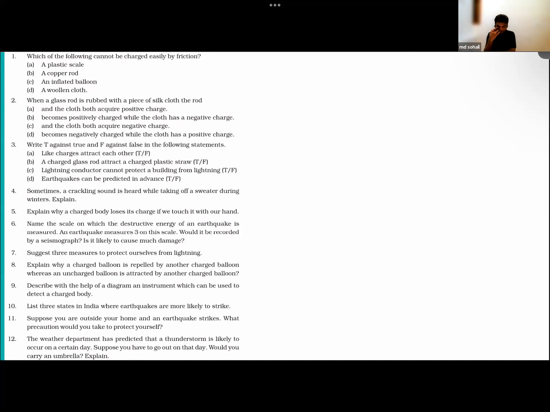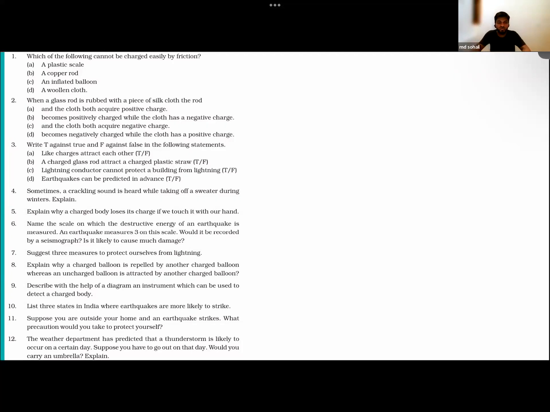Now we come to the exercise here. See the questions. What does the first question say? The following cannot be charged easily by friction: a plastic scale, a copper rod, an inflated balloon, or a woolen cloth.